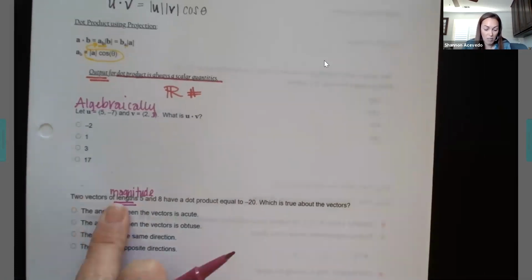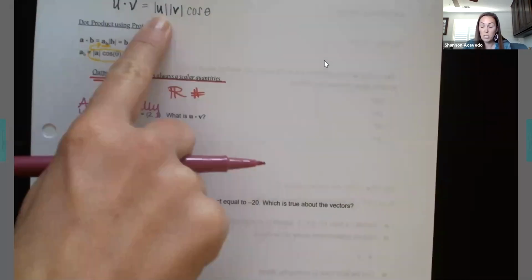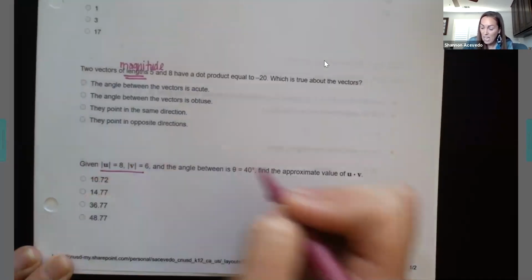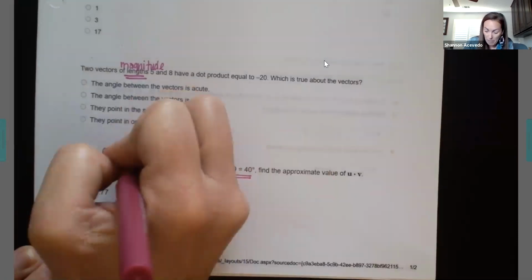Okay, I know it has to do with magnitude and stuff like that, so I'll come back to more information on that. But if I'm talking about the magnitudes and the angles, then it's probably going to be something geometric. And then when I look here again, here's the magnitude and an angle. So this would be geometric.